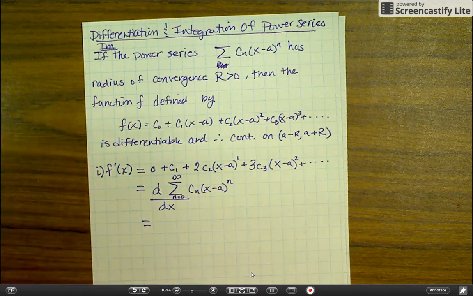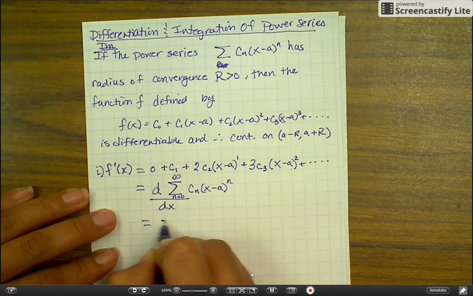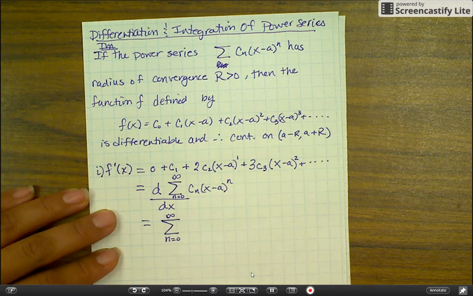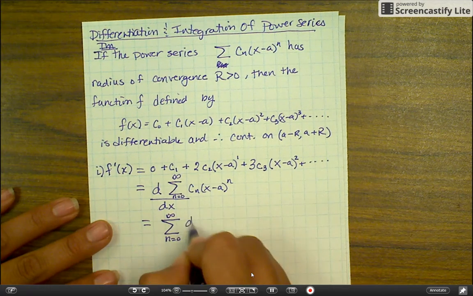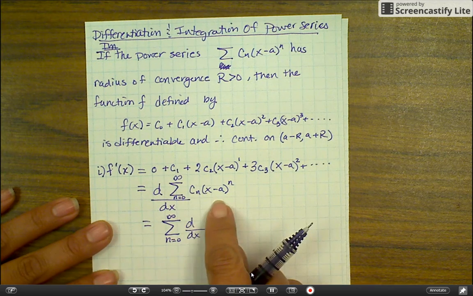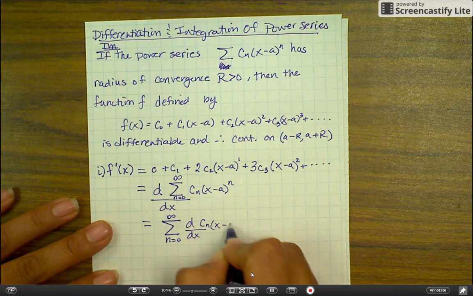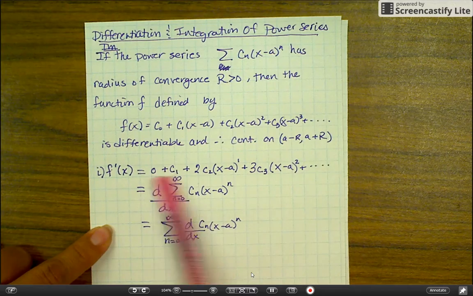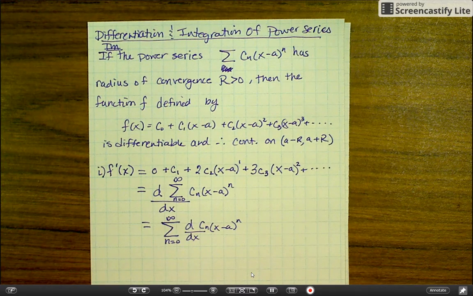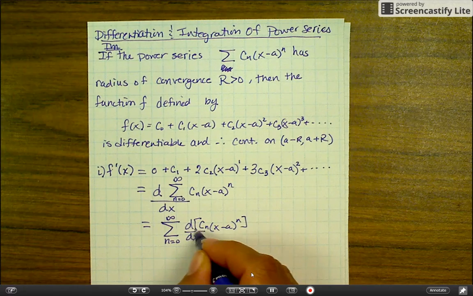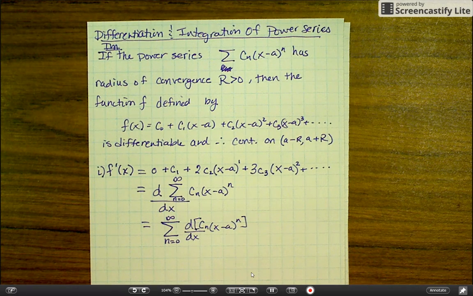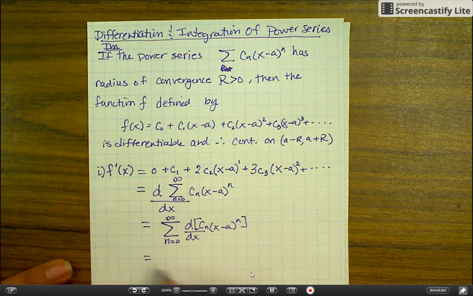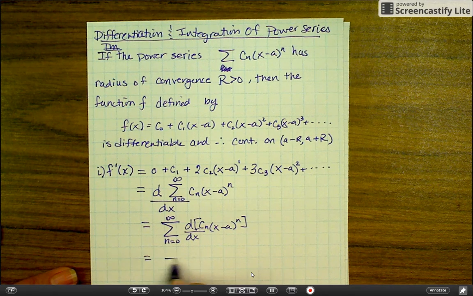Which is equivalent to us also having this sum, n equal to 0 to infinity, of the derivative with respect to x of each term in my summation. Because that is essentially what I just did. I took the derivative of every single one, and now we summed them all up. That's what we just did.